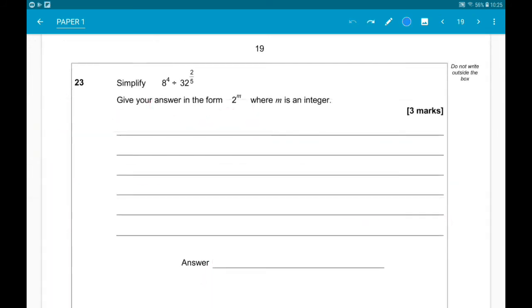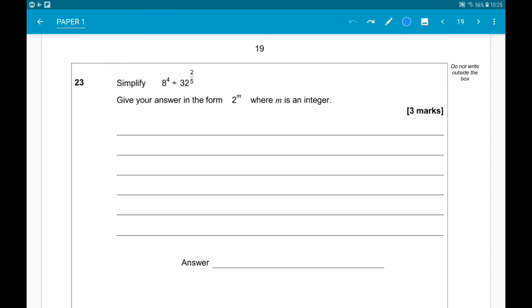Number 23, we have indices, so I have all the content you could ever want on indices down below. Simplify 8 to the power 4 divided by 32 to the power 2/5, giving your answer in the form 2 to the m, where m is an integer. Okay, so we don't want to work out the actual value of each part of this.